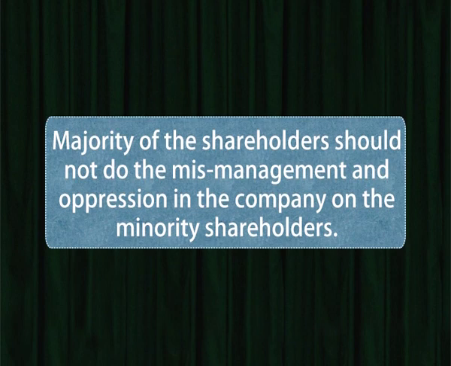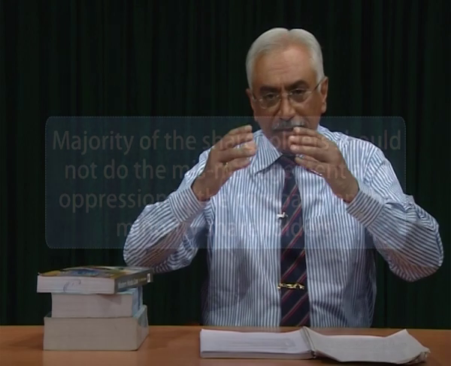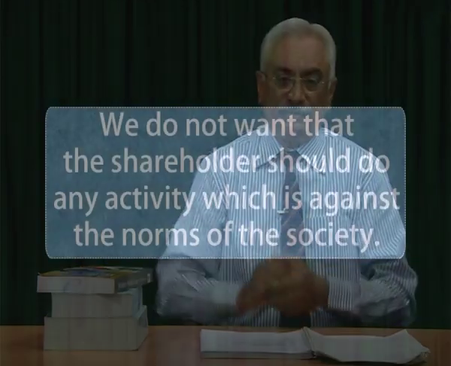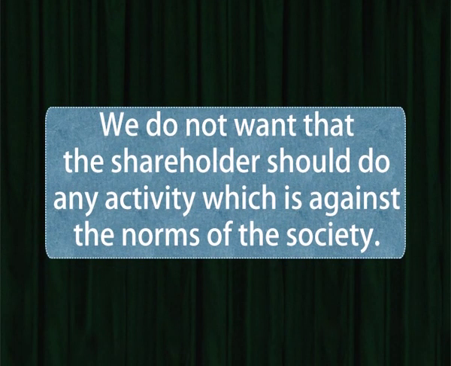So, the company should run in a proper fashion. We do not want shareholders to do any activity which is against the norms of society. As you know, the shareholders are the true owners of the company. Therefore, the law was enacted to protect not only the shareholders, but also society.